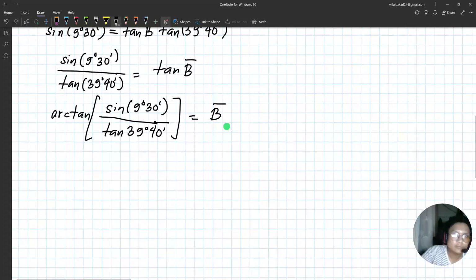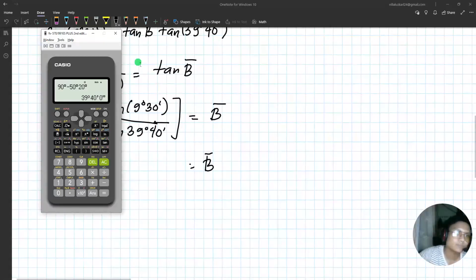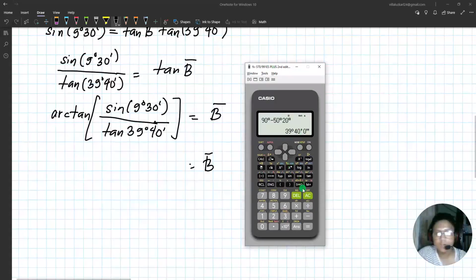So, compute using our calculators. Arctan is shift tangent, sine of 9 degrees 30 minutes divided by tangent of 39 degrees and 40 minutes.